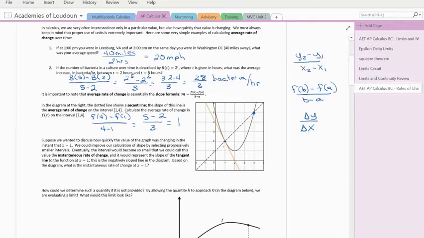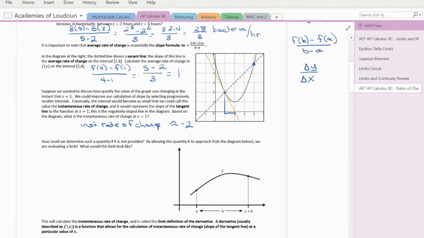Based on the diagram, we can see that our instantaneous rate of change is approximately -2, which is very different than we found for our average rate of change.